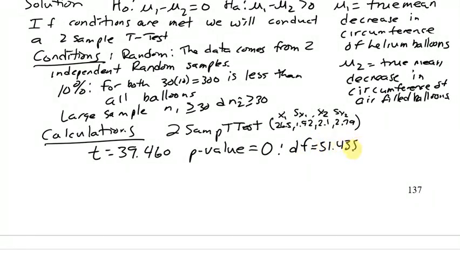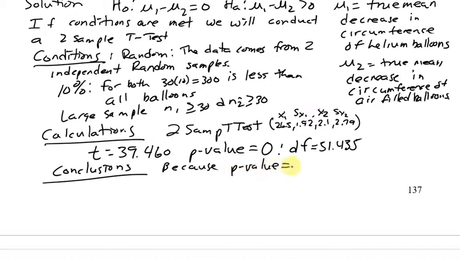And now finally our conclusion. Because our p-value equals 0, which is less than alpha 0.05, we reject the null hypothesis.